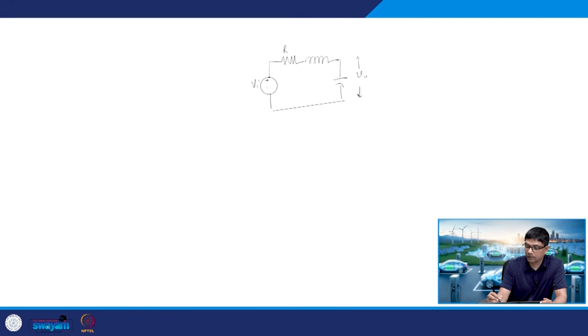So, I have an R, an L, a C, and a certain current flowing through this. What are the governing equations for this? V equals I R plus L di by dt plus 1 over C integral I dt.